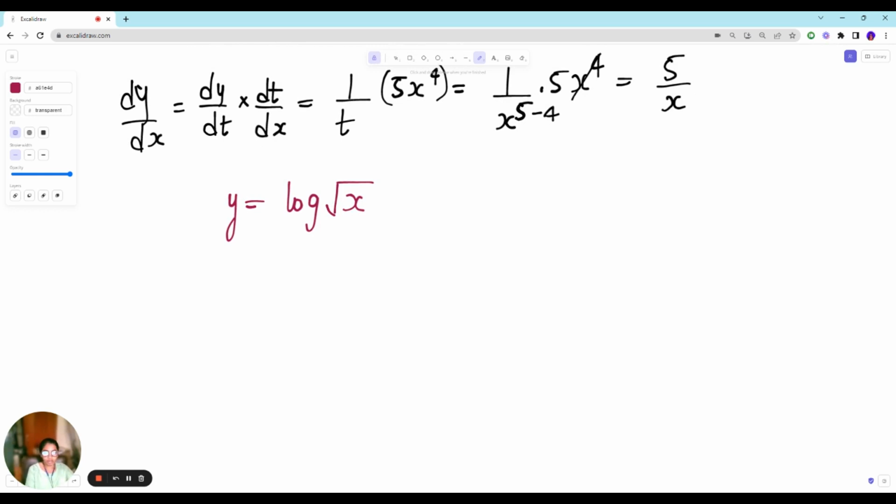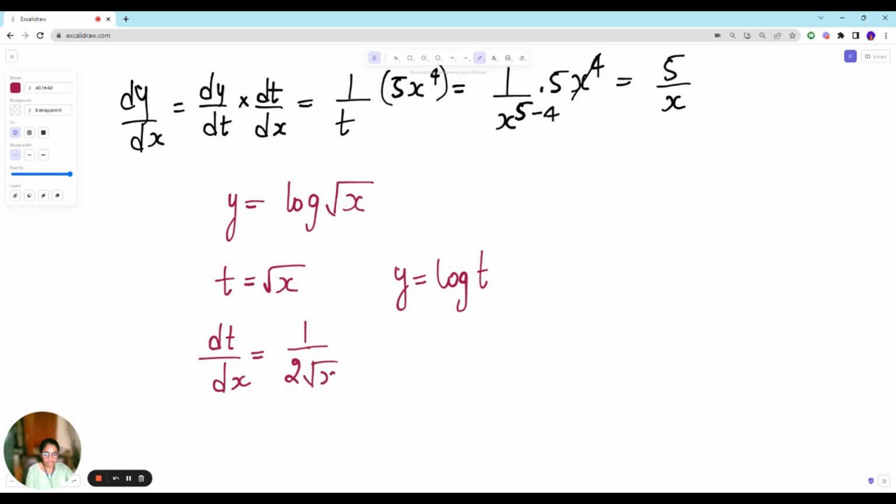But here I have log root x. So I'll take t is equal to root x. Our given question becomes log t. Correct? Now I'll find dt by dx. What is the differentiation of root x? It is 1 divided by 2 root x.